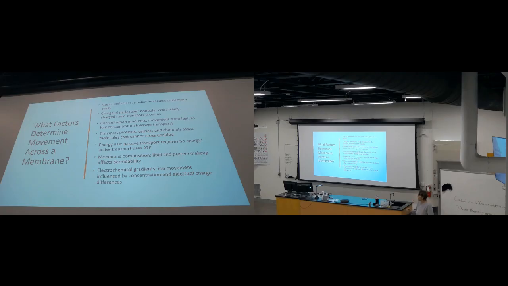That's the electrical gradient. So if you are positive, like sodium, you will be attracted by negative charges and vice versa. Any questions about the factors that determine movement across the plasma membrane?